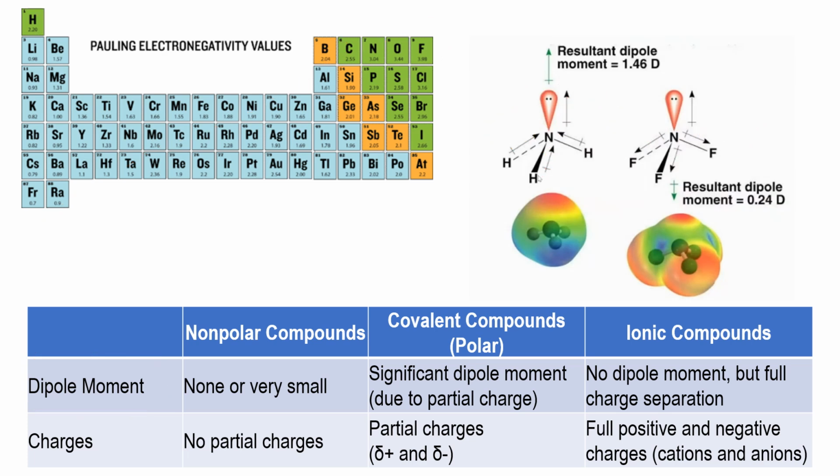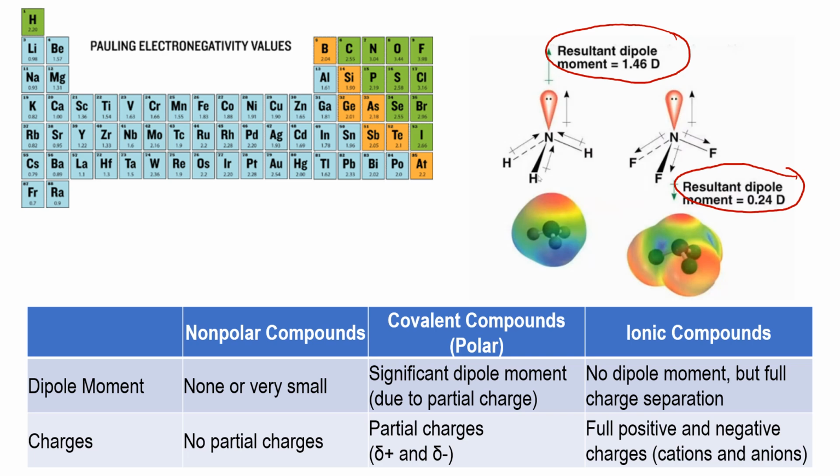So the answer here is ammonia has a larger dipole moment with 1.46 compared to nitrogen trifluoride, which has only 0.24. Although both ammonia and nitrogen trifluoride have dipole moments because of their polar bonds and their asymmetric geometry, which is trigonal pyramidal, ammonia has a larger dipole moment because the nitrogen is pulling electrons from less electronegative hydrogen atoms.